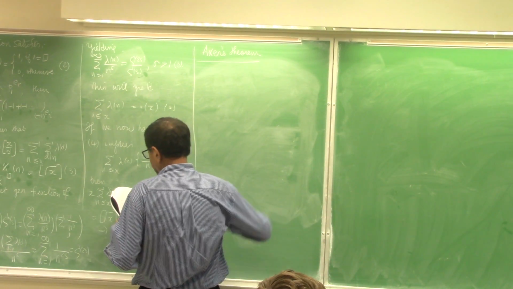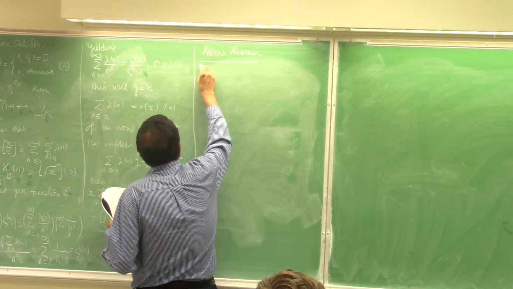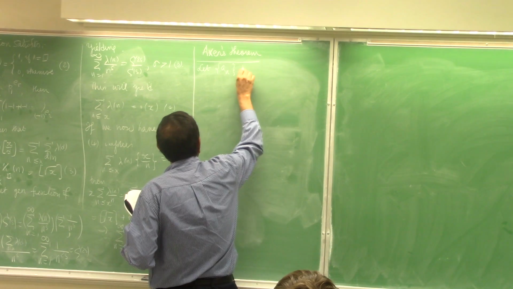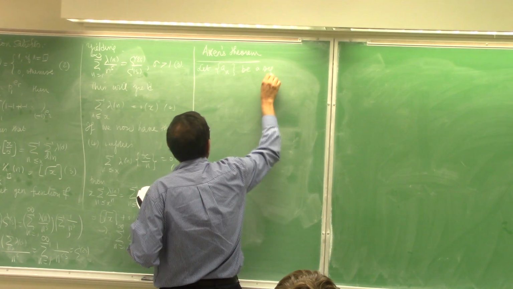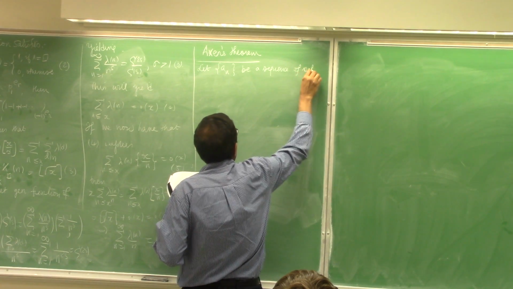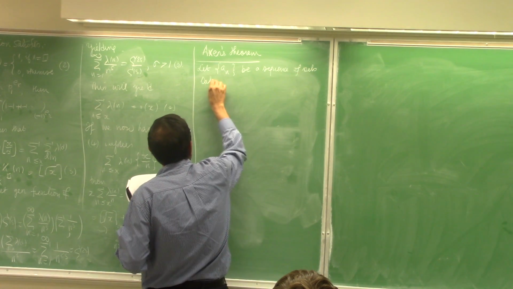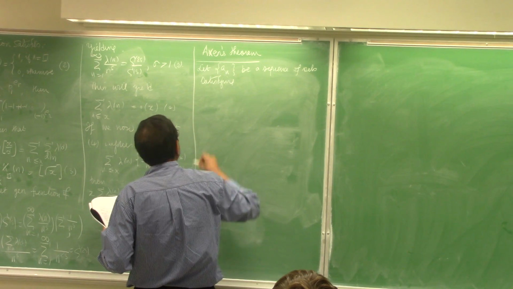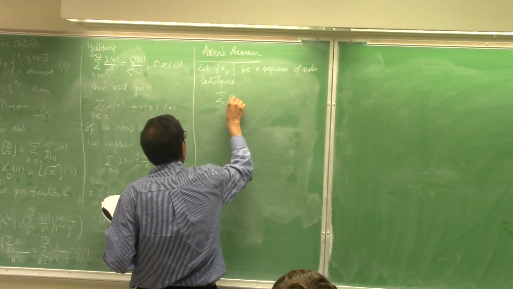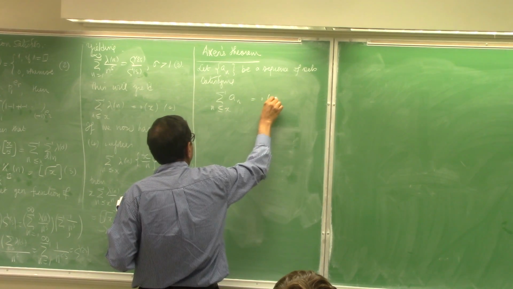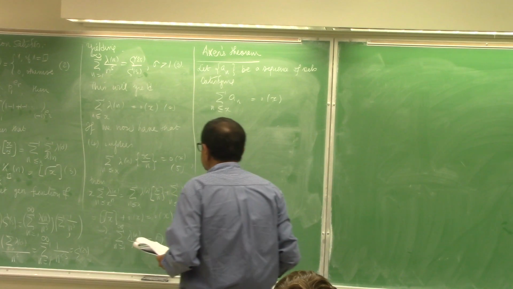So it says the following. Let a of n be a sequence of reals, of course, you can even apply it for complex, satisfying that the summation of a of n is little o of x.